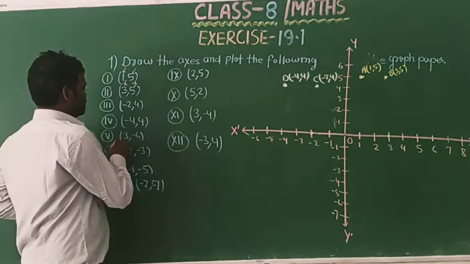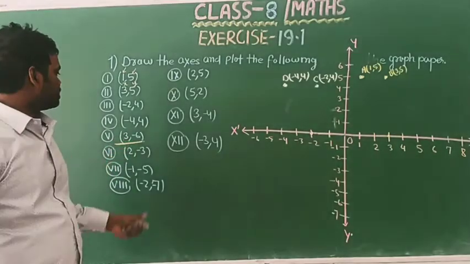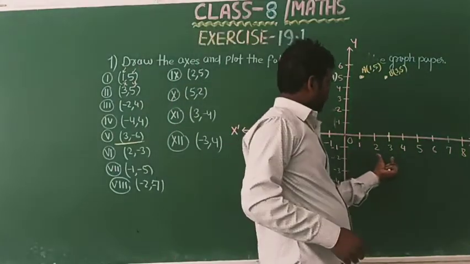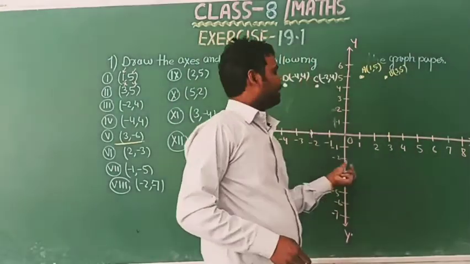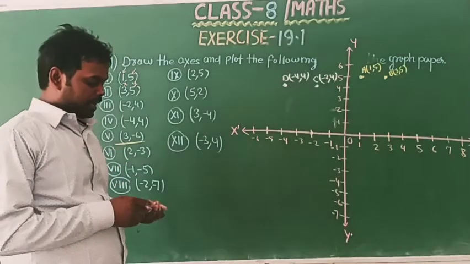The next point is (3, -6). The coordinates (3, -6) lie in the fourth quadrant. Here the x coordinate is 3 and the y coordinate is -6.